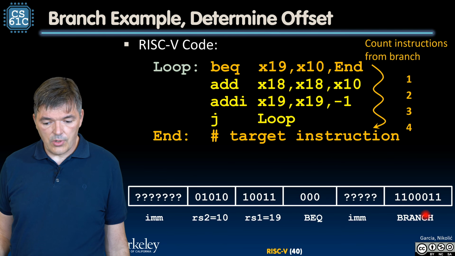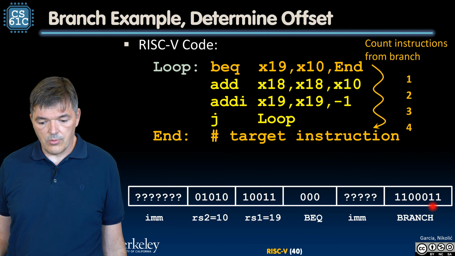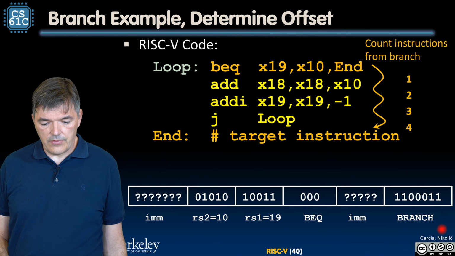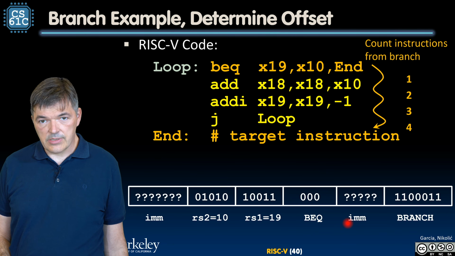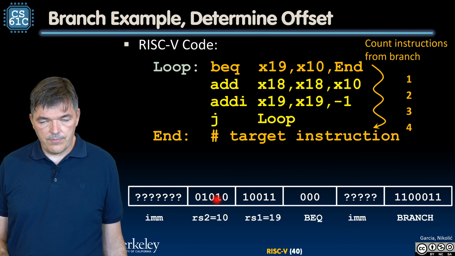Branch does have a new opcode, 1100011, and then the func3 field specifies the type of branch, branch if equal, and then we need to put the numbers of the registers that are in rs1 and rs2.